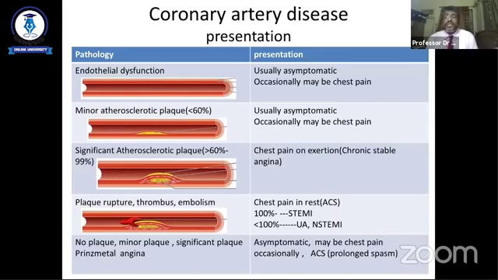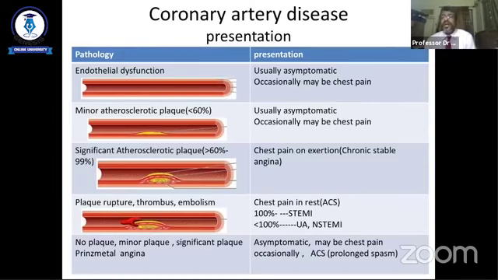So, what is the pathology in acute coronary syndrome? Just to repeat, there is severe obstruction, which may be due to the atherosclerotic plaque burden, or a thrombus, or an embolism, or severe coronary vasospasm.